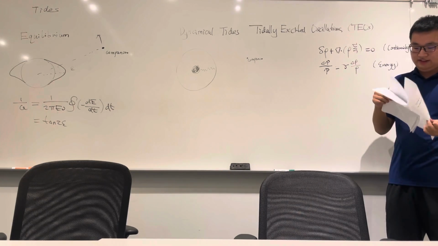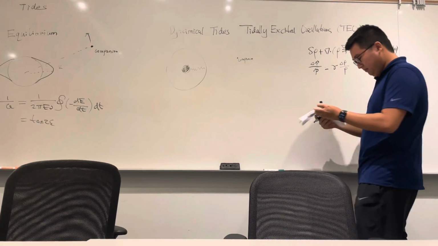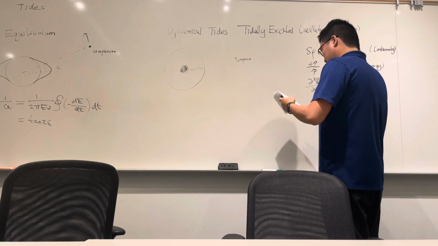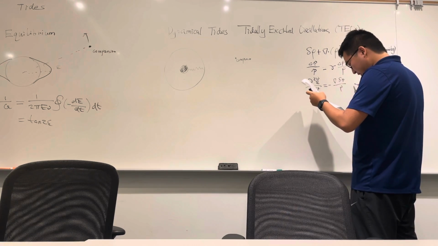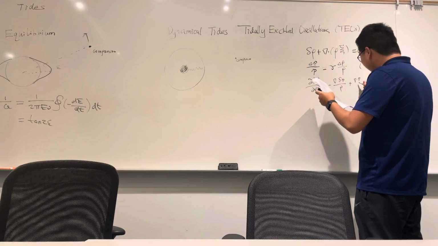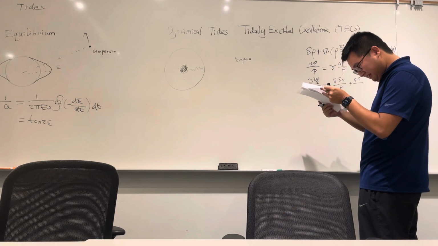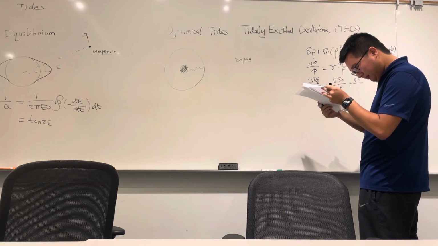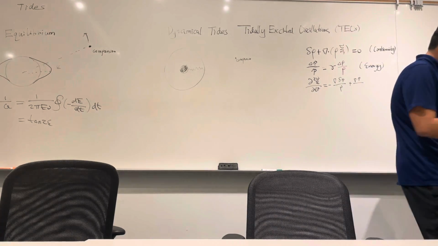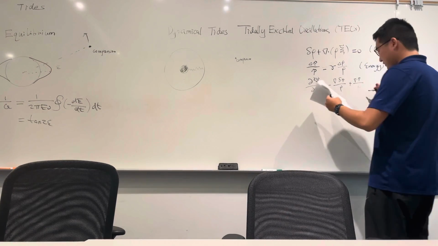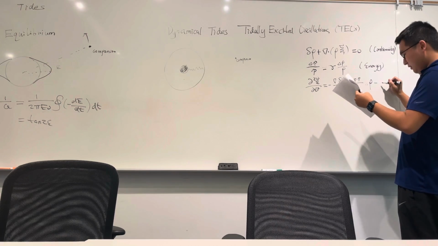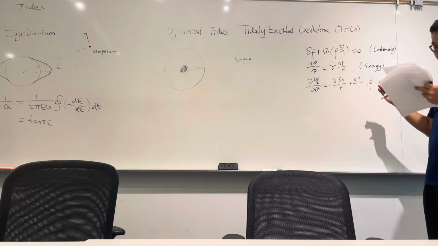And we also have the momentum equation: delta P over rho plus delta rho minus the perturbation of the gravity field.